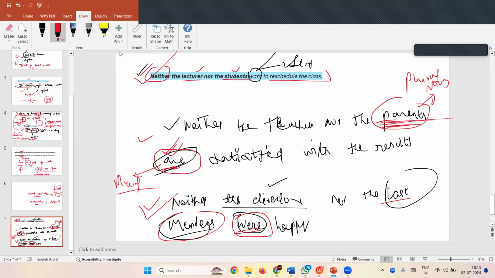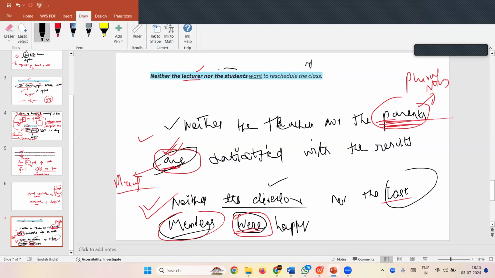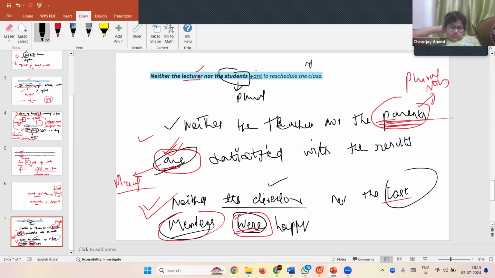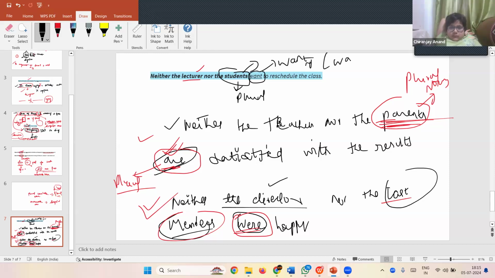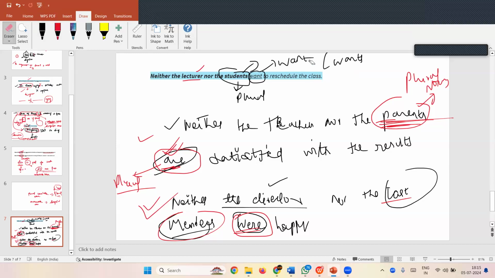Okay. But why is this sentence different? If you see in this way, students is plural, so the subject nearer to it is plural. So I want to use here want or wants. Got it?